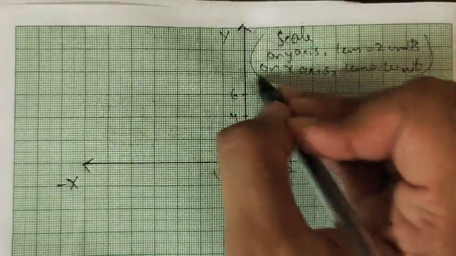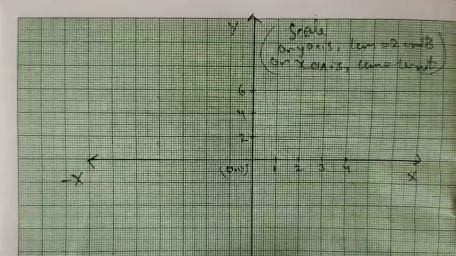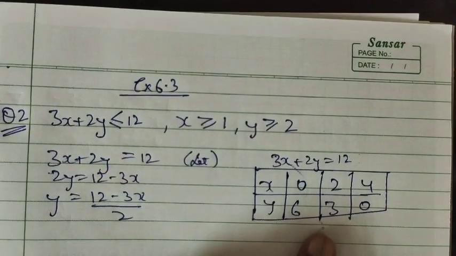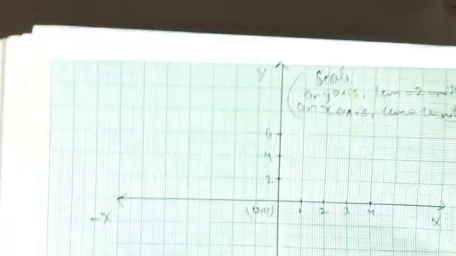Now the coordinates are (0, 6), (2, 3) and (4, 0).